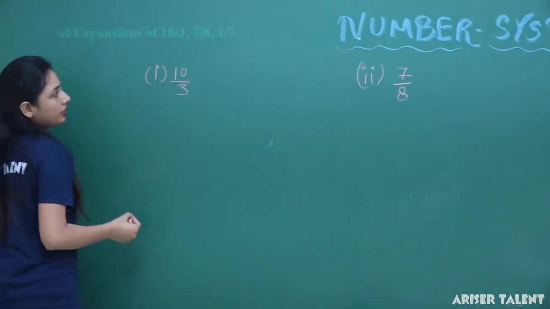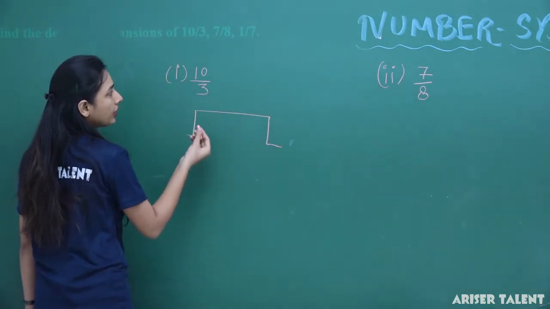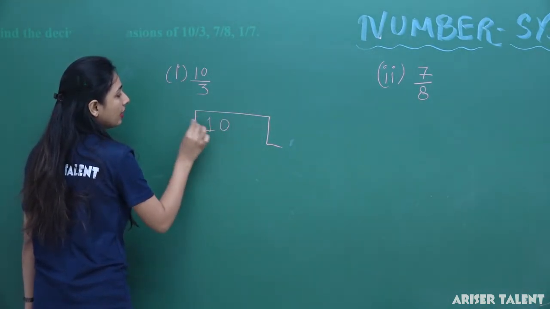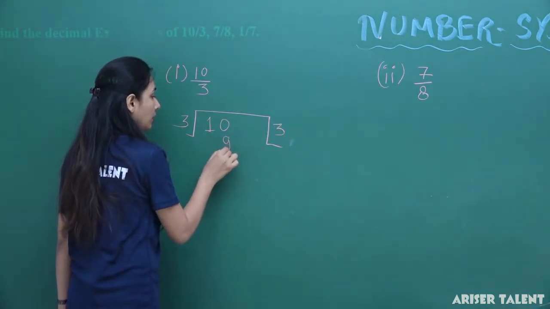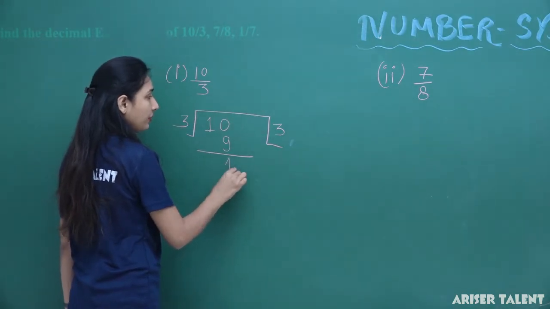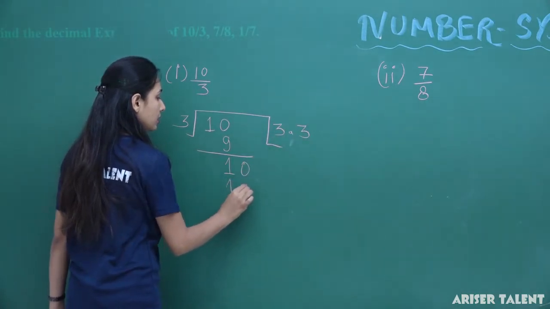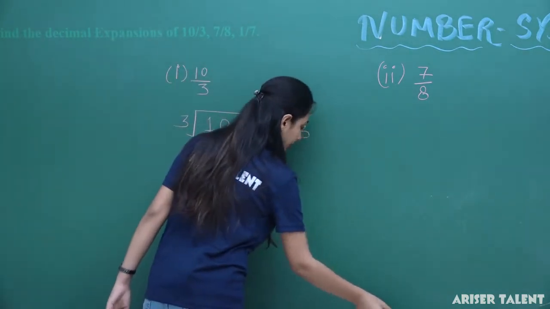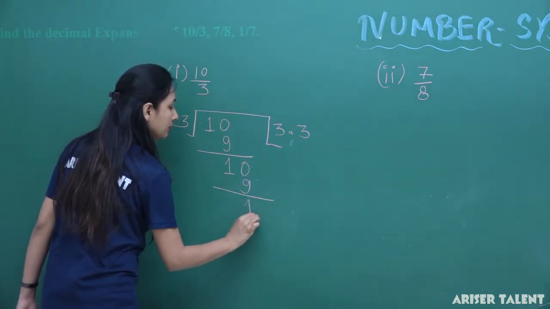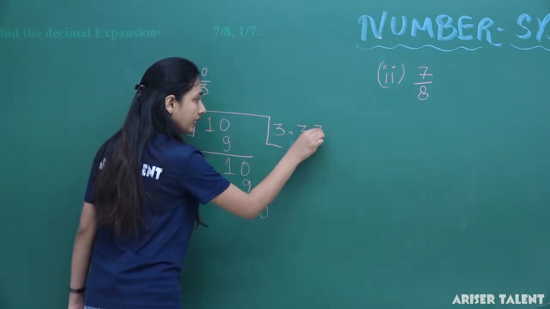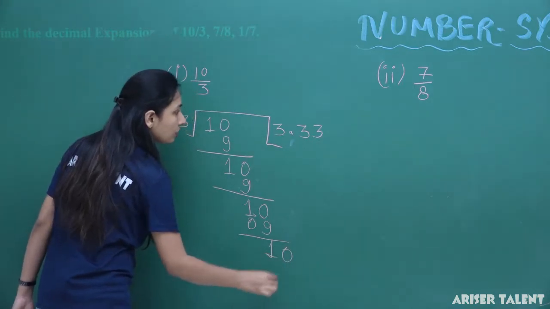If I talk about 10 by 3, it is simple division; we all know how to divide 10 by 3. How many times? 3 times, which gives 9, remainder 1, point, again 10, 3 times 9, remainder 1, again 10.